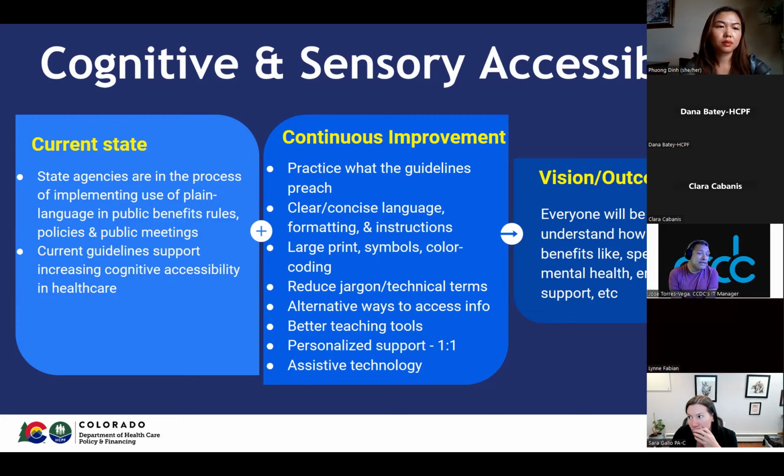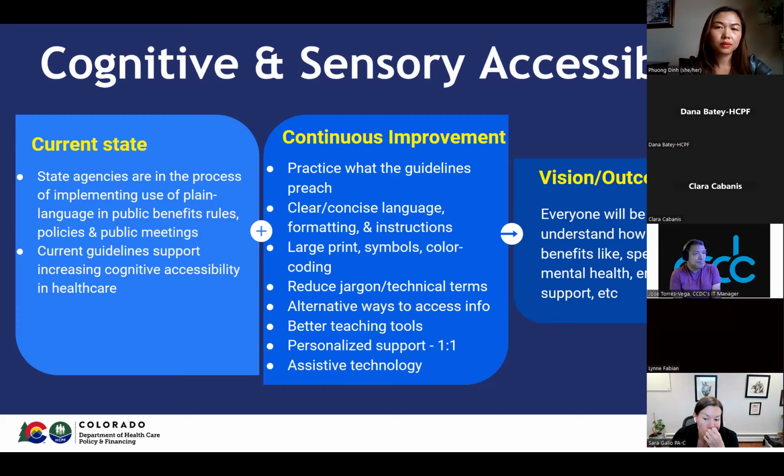So for example, using the plain language for public benefit rules, policies and public meetings, so that more people can access this information and can advocate for themselves and be more empowered by that fact. Current guidelines support increased cognitive accessibility in healthcare, and that actually works really well. Of course, there's always room for improvement, but these are some things that are really working well.